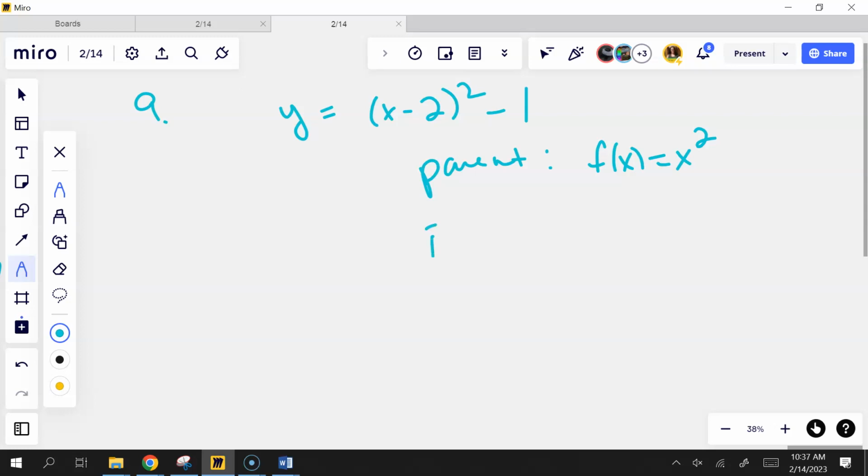Right 2 and down 1. All right. Domain. Range.